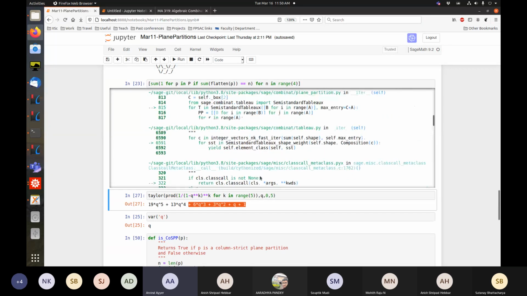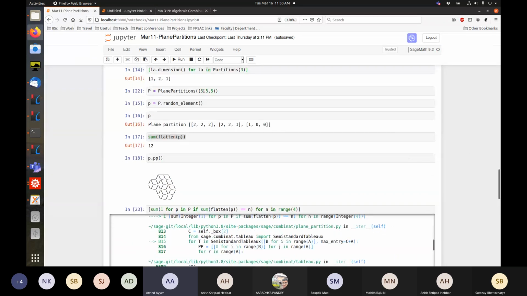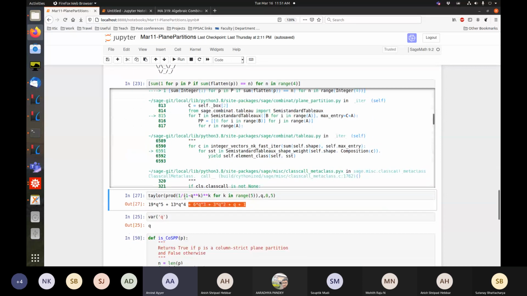Of course this is highly inefficient because I'm going through all plane partitions inside this box. It's probably better to write your own code to generate a large number of plane partitions of a certain size recursively, and then check this formula.